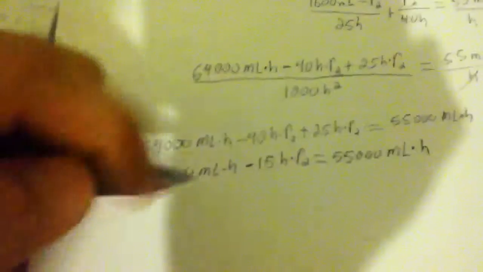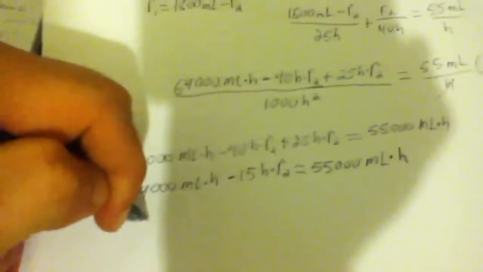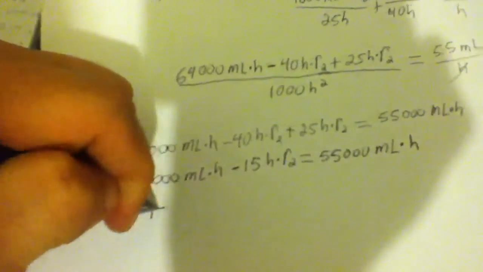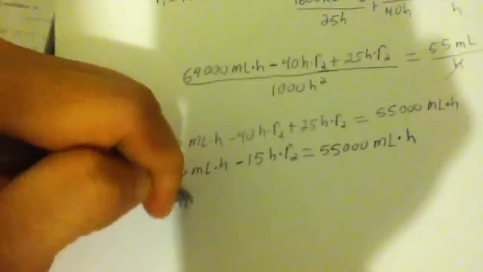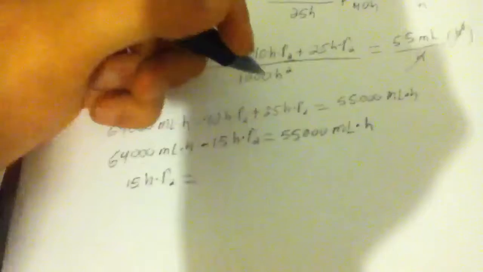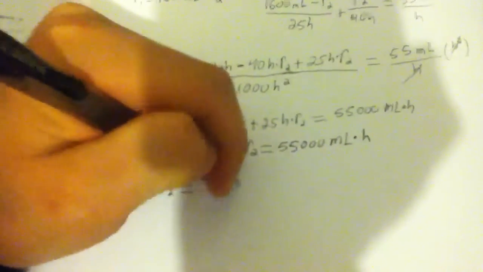I'm just going to put the R2 on this side: 15h times R2 is equal to 9,000 milliliters times hours, because these were like terms.